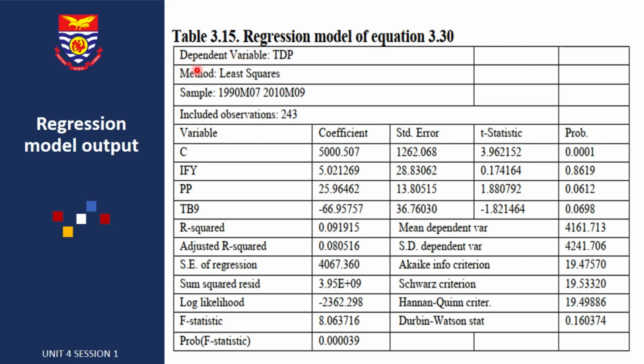And here we always deal with the descriptives, as I stated earlier: TDP is the regressand, and the method is least squares. The sample is 1990 to 2020, and there are 243 observations included in our analysis. These are the parameters.